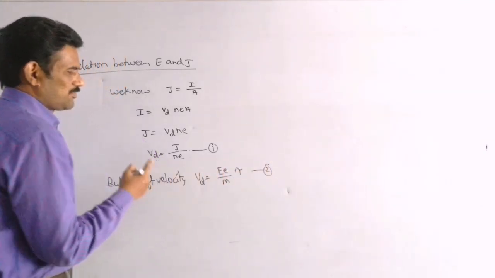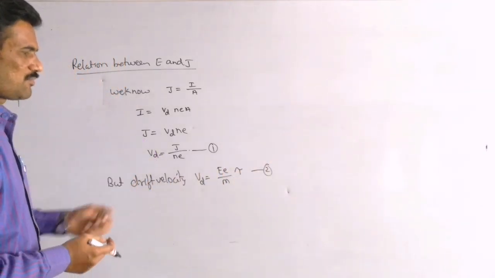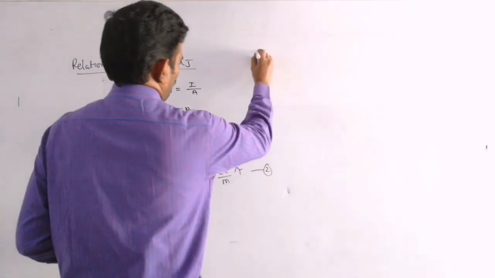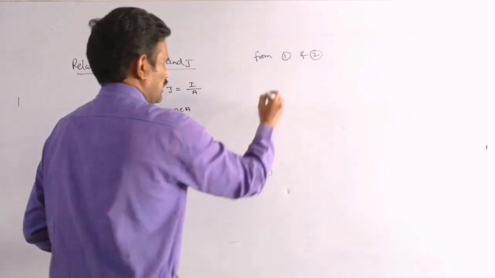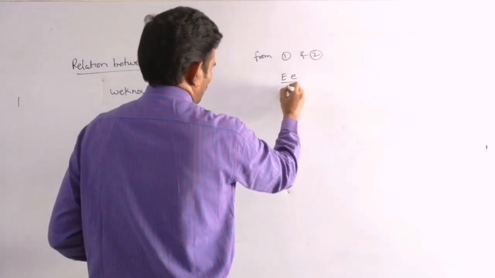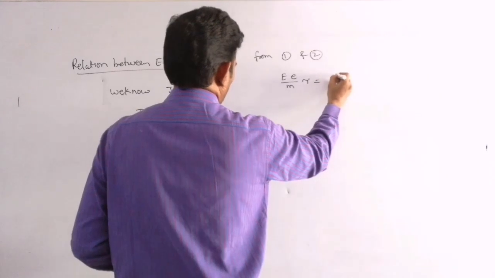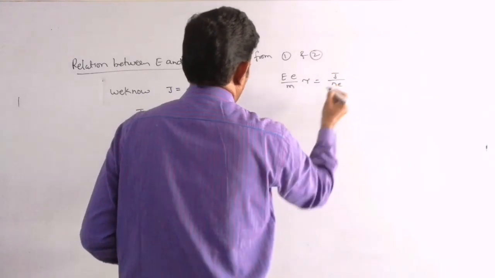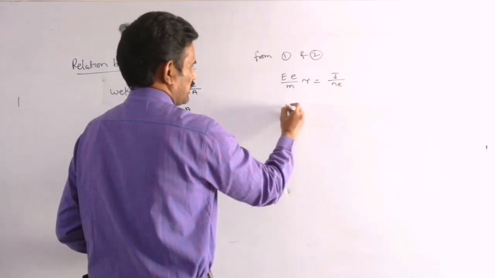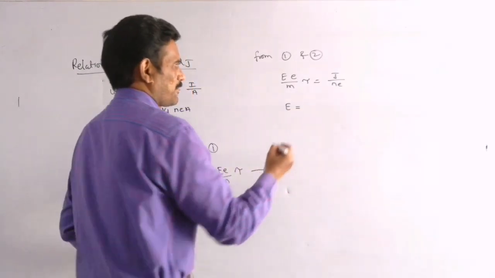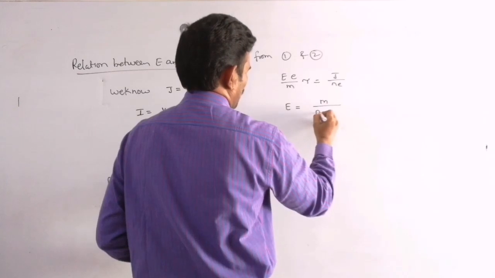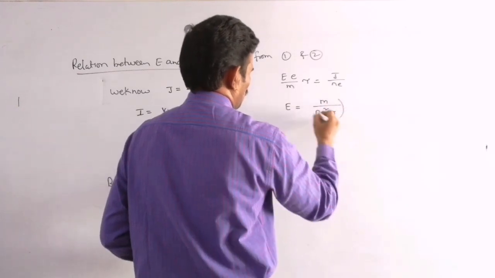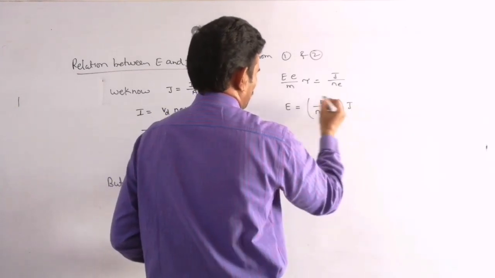Both are representing the drift velocity only, so let us combine them. From 1 and 2, I can write eE by m into tau is equal to J by ne. Therefore E is equal to m by ne square tau into J.